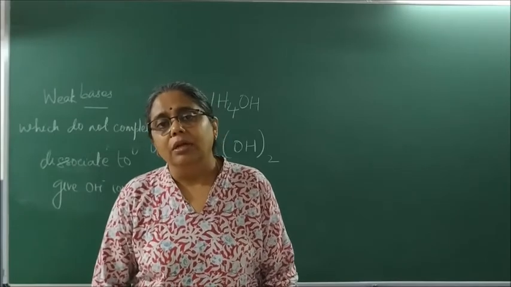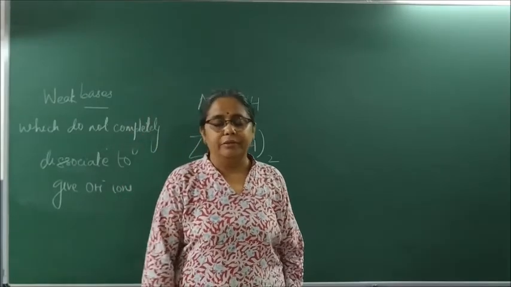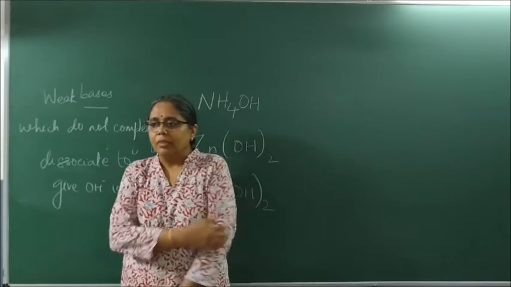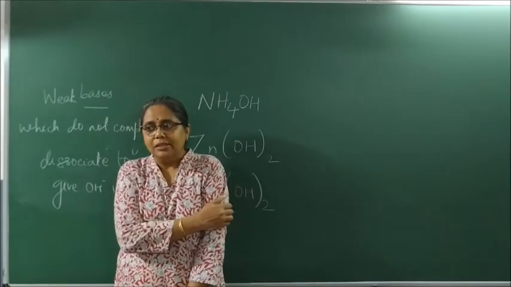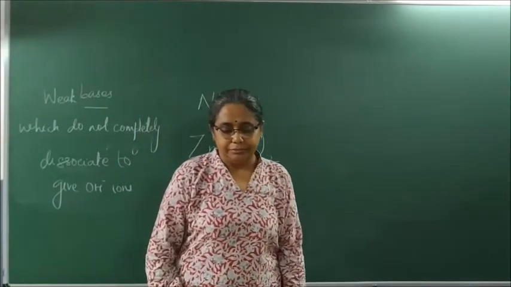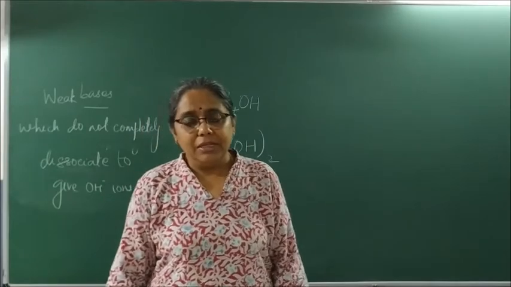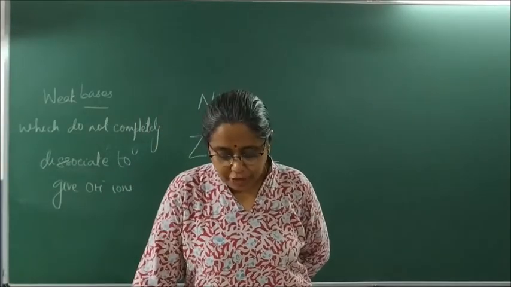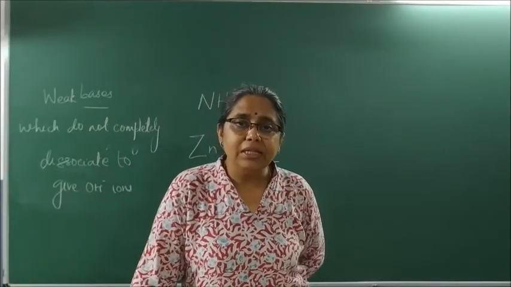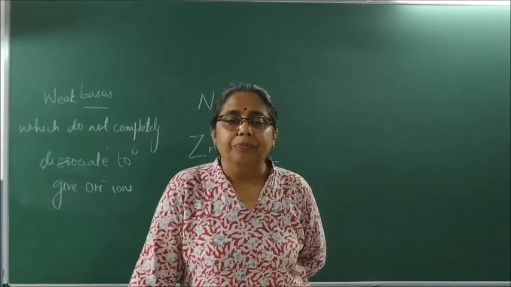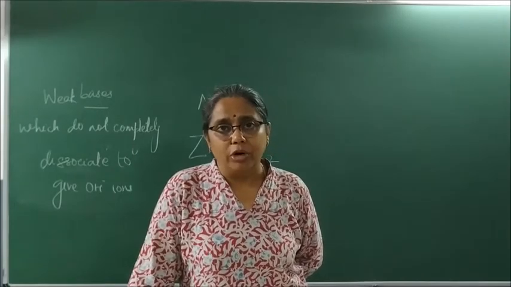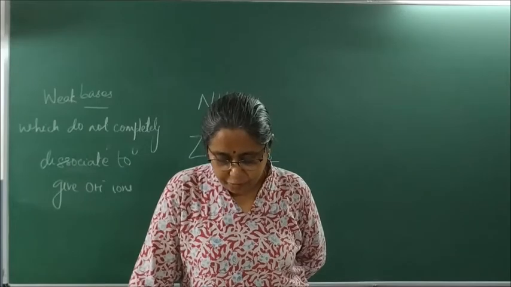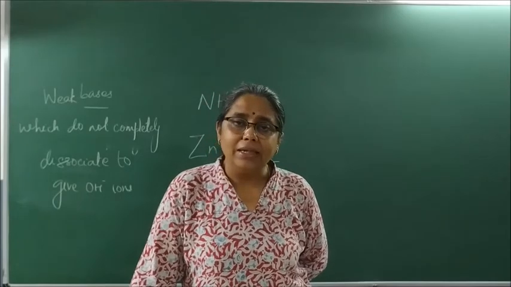Next question. Define acid rain. Please underline. When the pH of rainwater becomes less than 5.6, it is called acid rain.